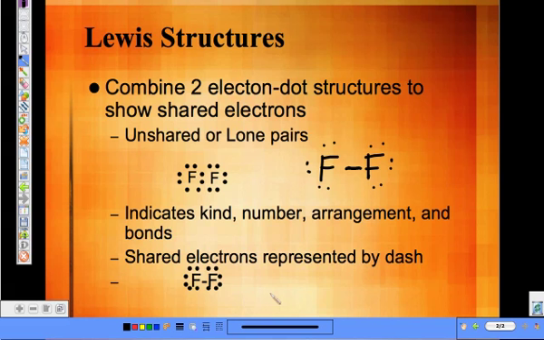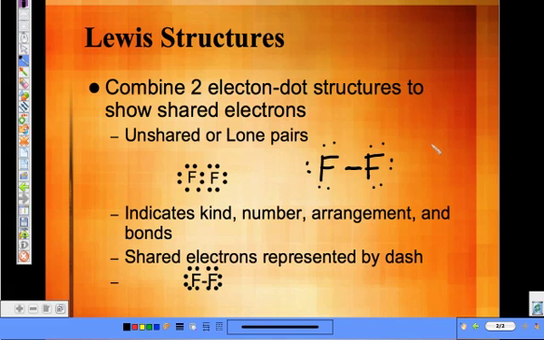So the dash represents 1 on one side and 1 on the other side? A lot of times that's how it'll be. It just means they're sharing 2 electrons. Those 2 electrons could come from the same atom. So fluorine could have shared 2 of its electrons with this fluorine. There's going to be some compounds where it'll share 2 electrons, not just 1.